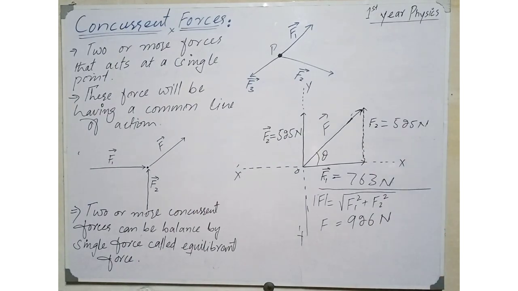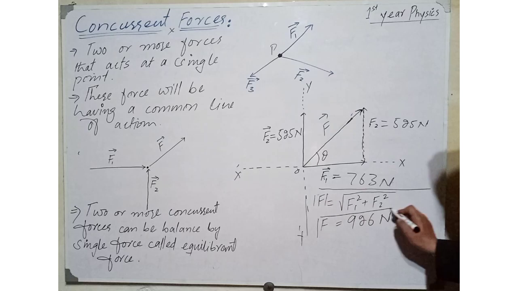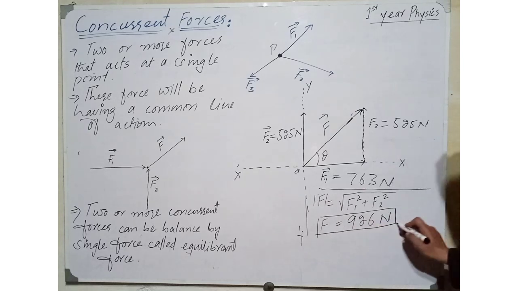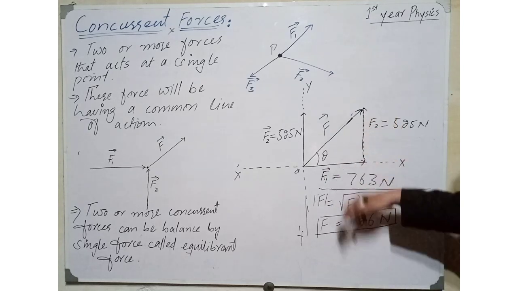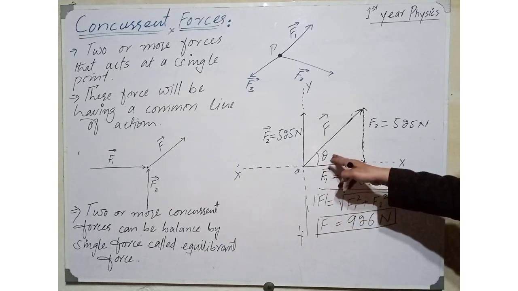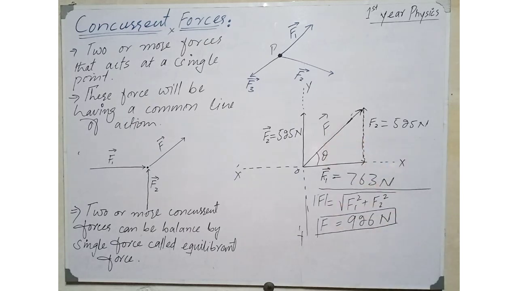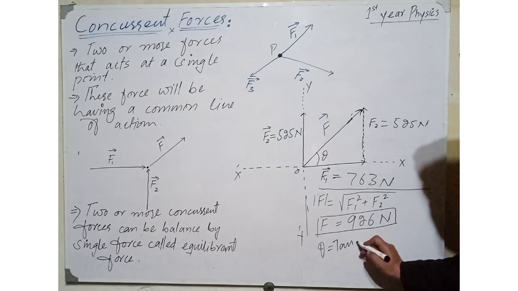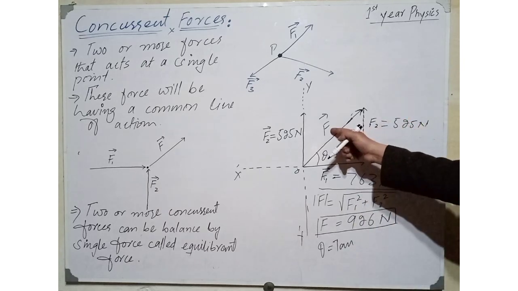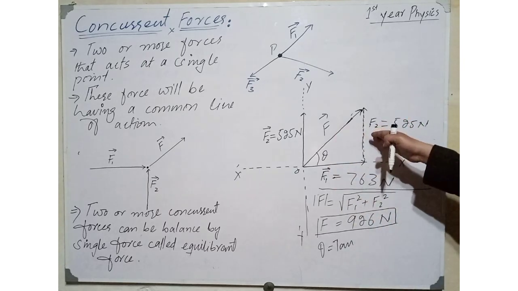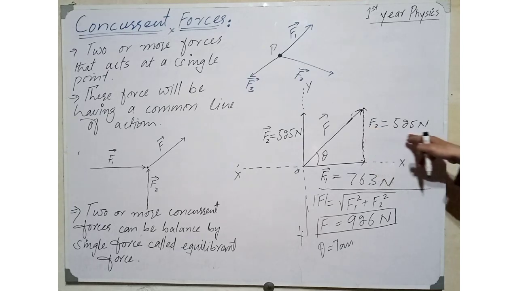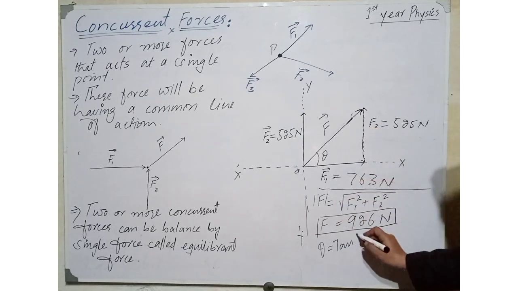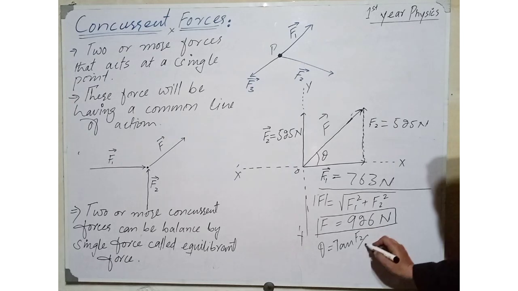Now this is the magnitude of the resultant force. What about its direction? We can find that using this angle theta, which represents the direction of the force. We know that the angle theta can be found by tangent inverse of the y component of the resultant over the x component. In this case the y component is F2 and the x component is F1, so we can simply write F2 over F1.